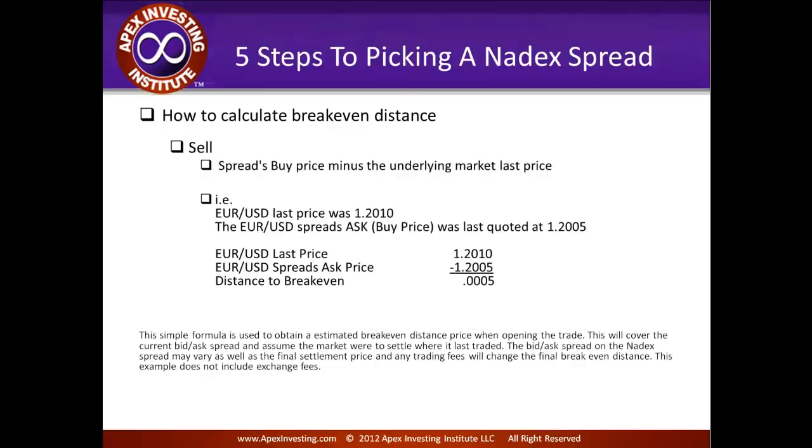Now on the sell side, you're going to take the spread's buy price minus the underlying market's last price. Again, the reason you take the buy price when you're selling the spread to calculate break even distance is because you want to account for the bid-ask spread.